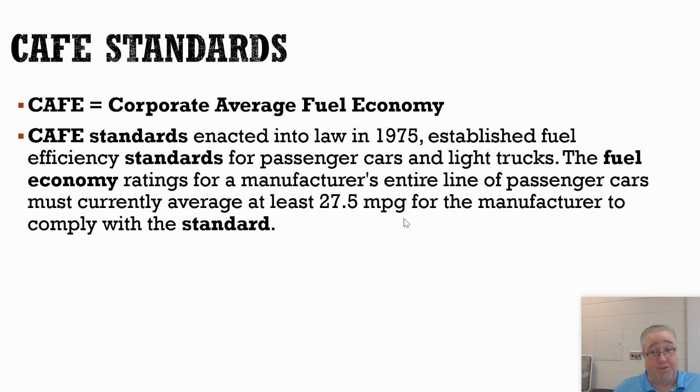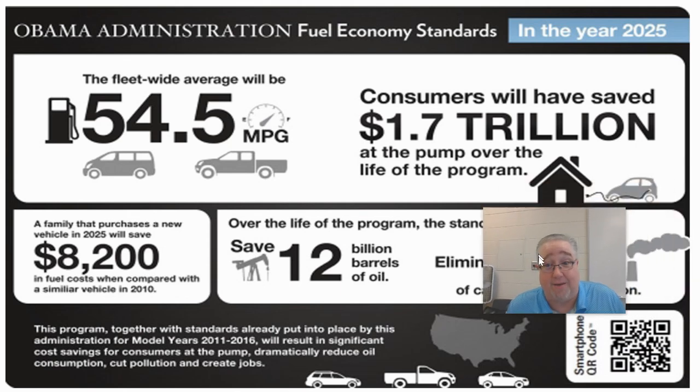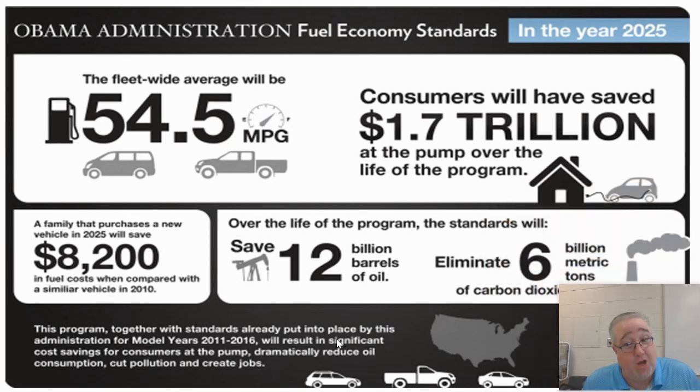If they don't, then they have to stop producing certain types of cars in order to get that level back up. If you think about it, these CAFE standards are pretty good. It kind of keeps the automobile industry honest when it comes to their carbon emissions.